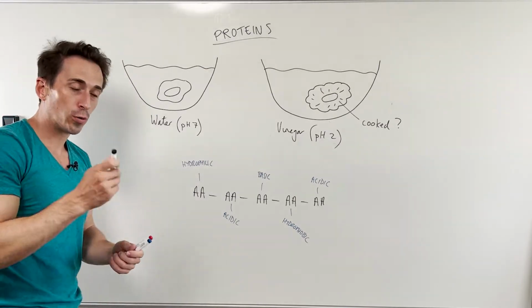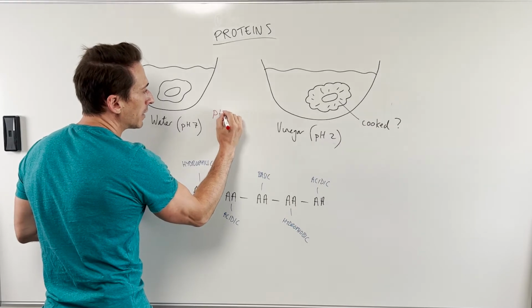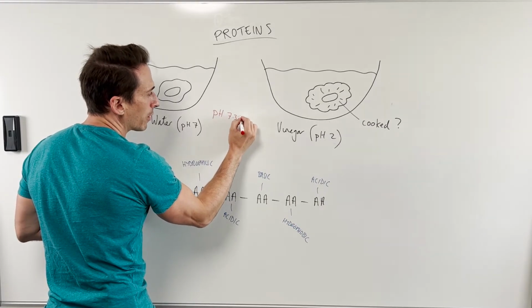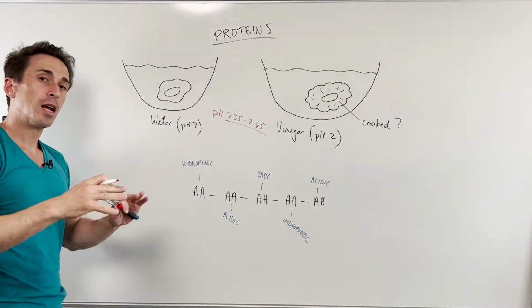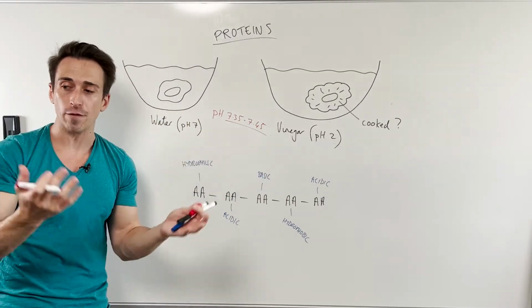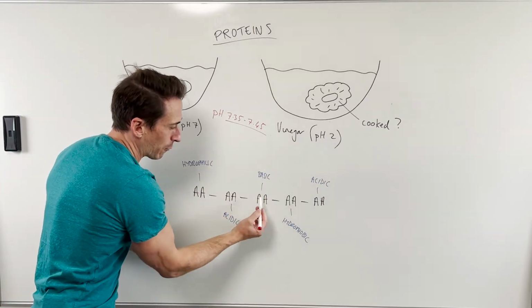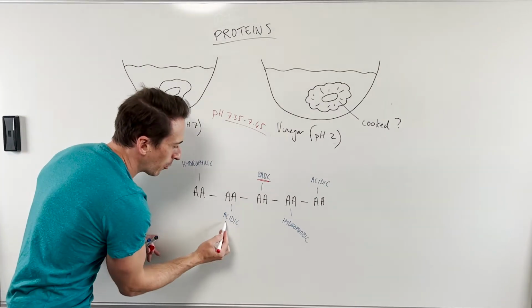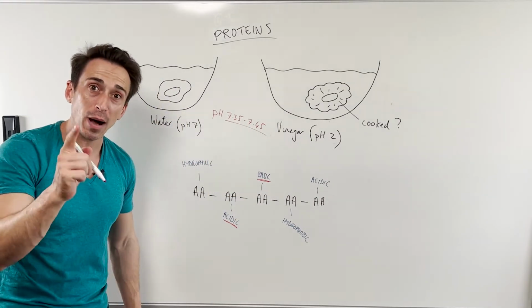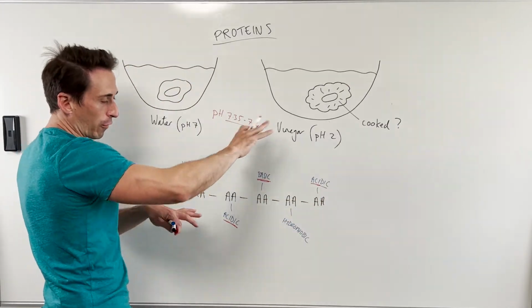And it folds because the solution that it's in is pH 7.35 to pH 7.45. That's the narrow range that it adequately or appropriately folds in. So for example, this amino acid is basic at this pH. This amino acid is acidic at this pH. And same with this one, and so it folds a particular way.